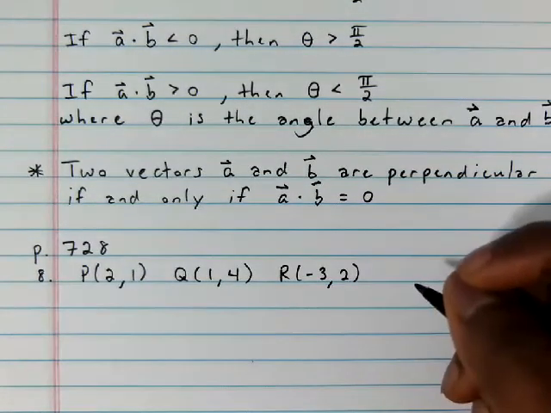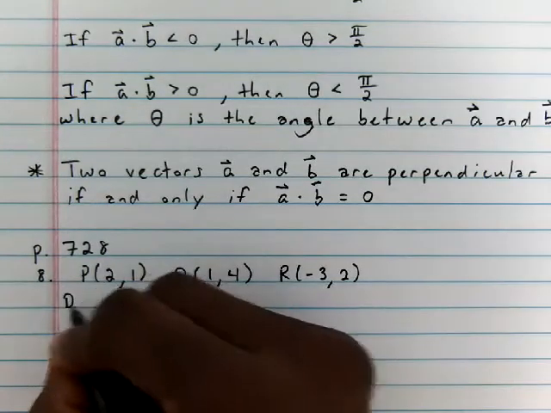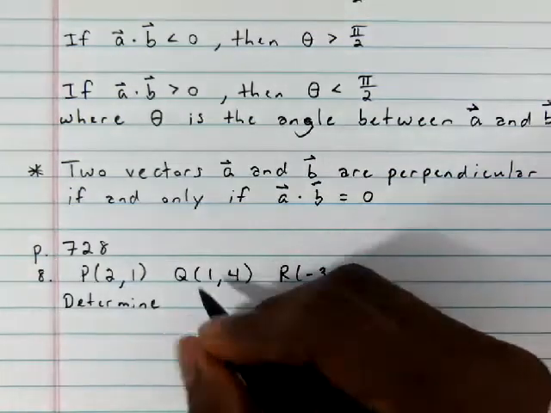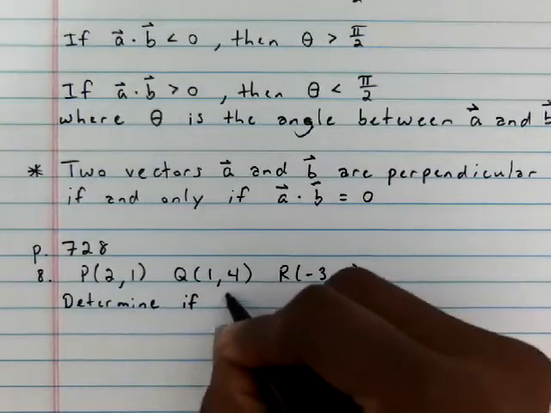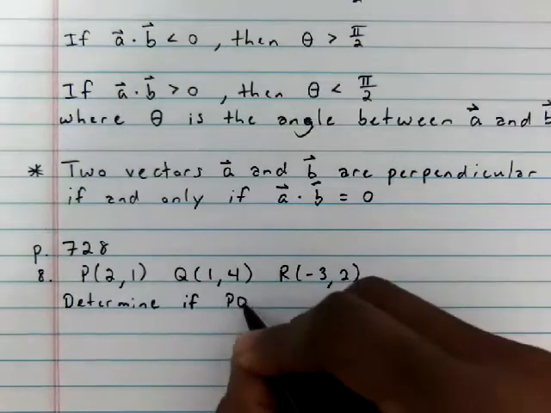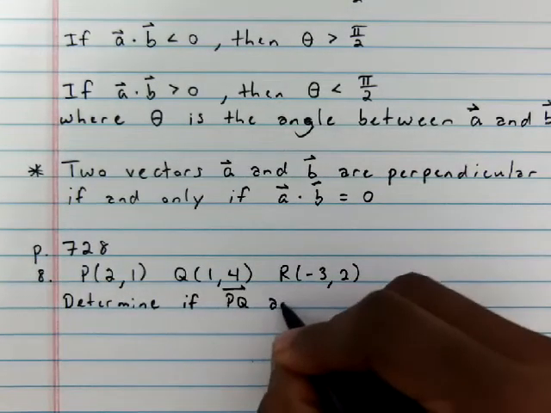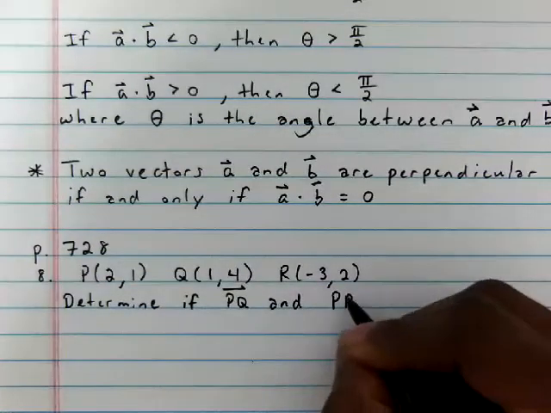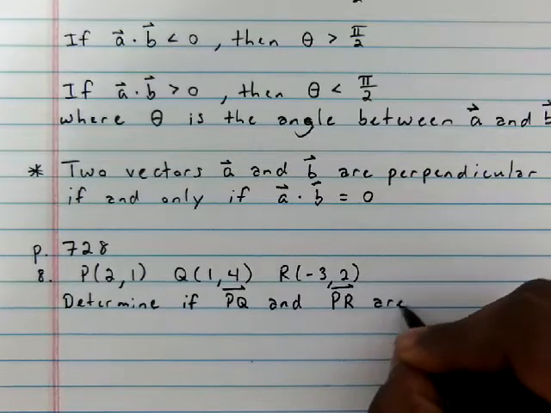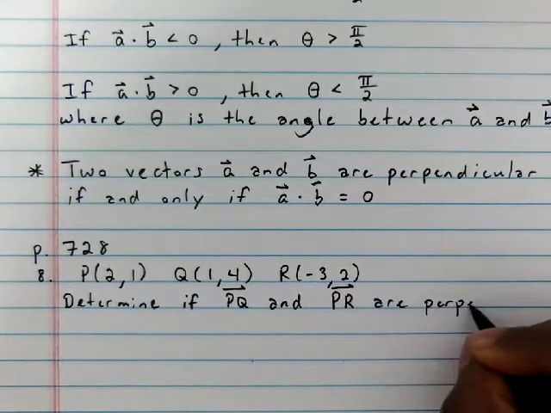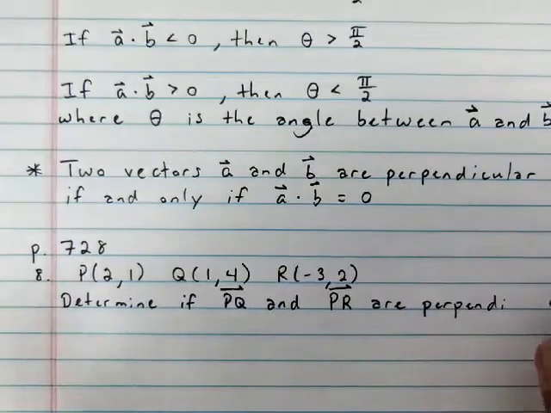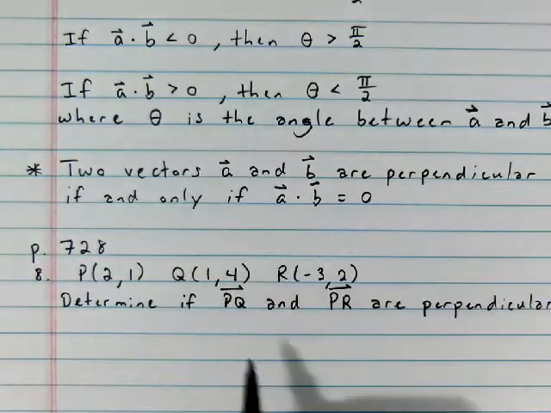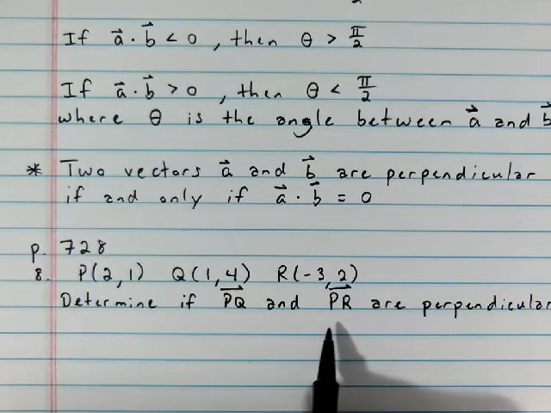So we're going to determine if the vectors PQ and PR are perpendicular. First we have to find these vectors because we're just given the points.